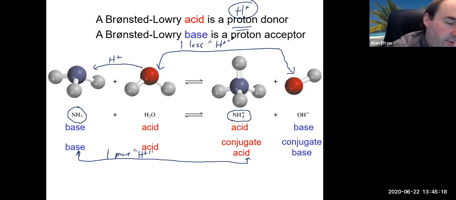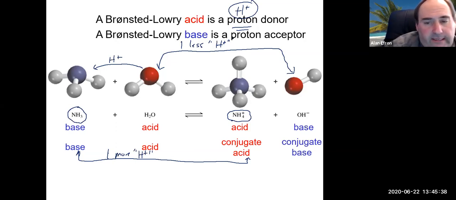And that's really important in order for it to be considered a conjugate acid-base pair, which is what these guys are. The only difference you can have is one H plus, and only one H plus at a time. So if you have more than one H plus difference, then they are not related to each other.